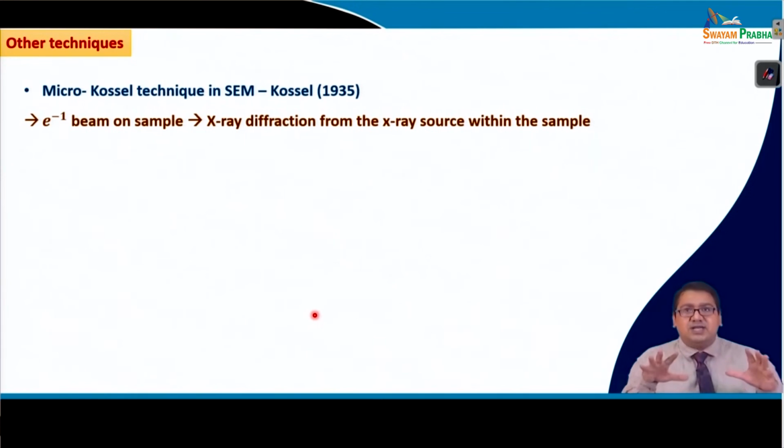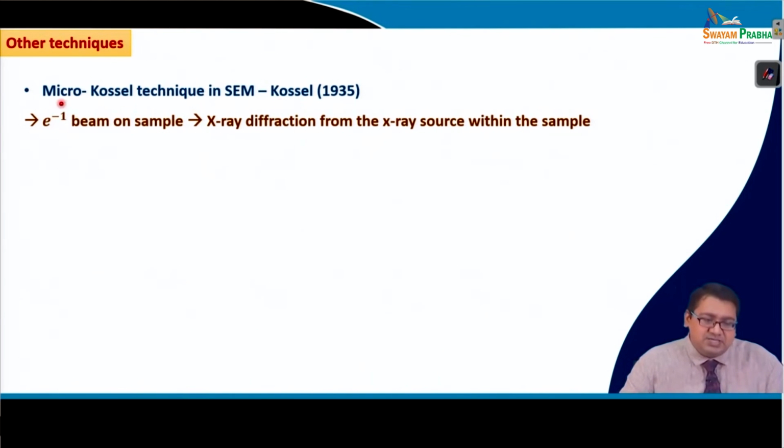So, there are other techniques in SEM that can be used to obtain Kikuchi patterns or to obtain orientation relationship with respect to the specimen, and one of the techniques that I would like to mention very briefly is the micro Kossel technique, and it was Kossel in 1935 who basically showed this.